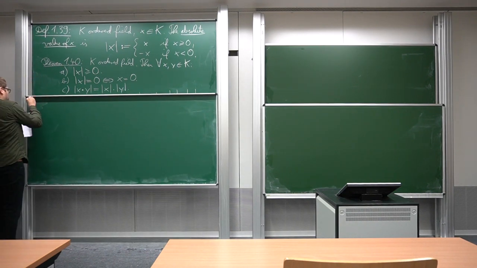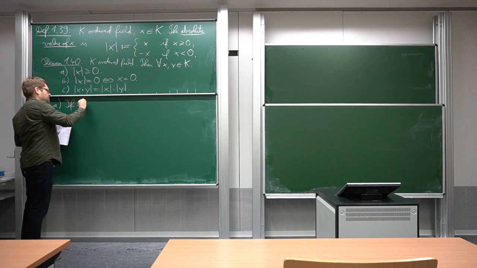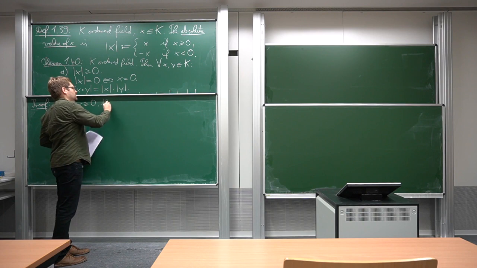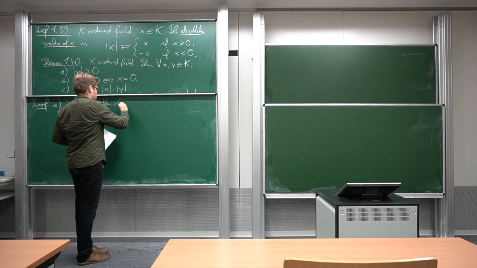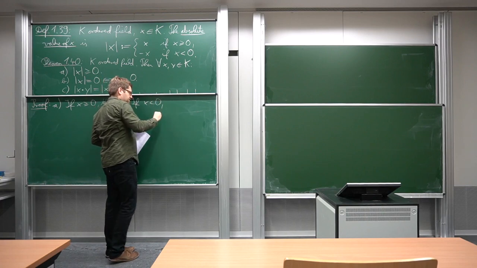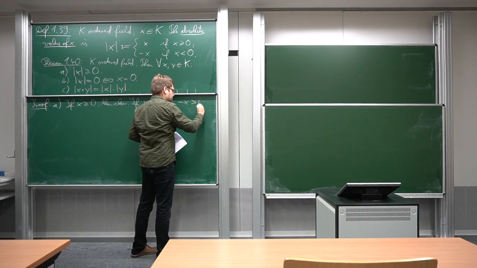So let's do a formal proof of this thing. A. So if x is non-negative, then it's clear, because then the number stays the same. If x is smaller than 0, then minus x is bigger than 0, as I just said.